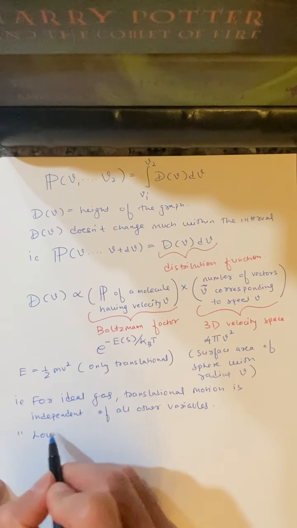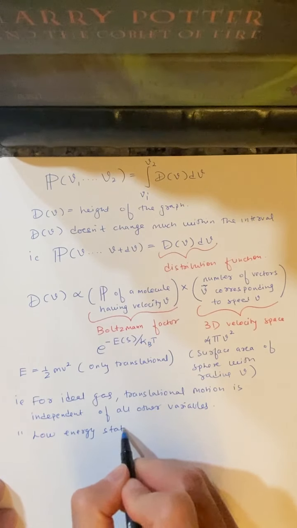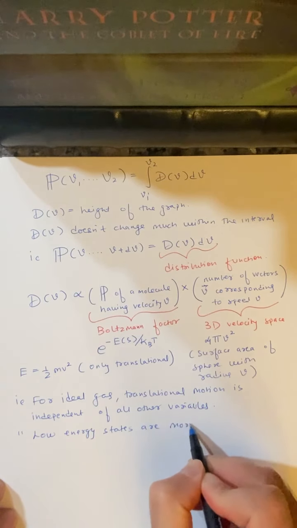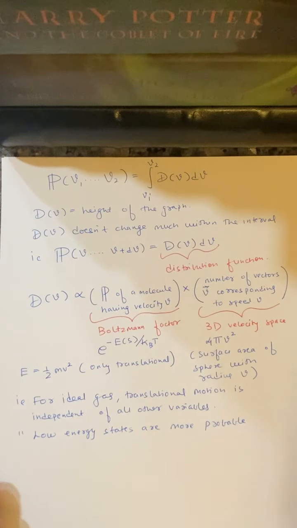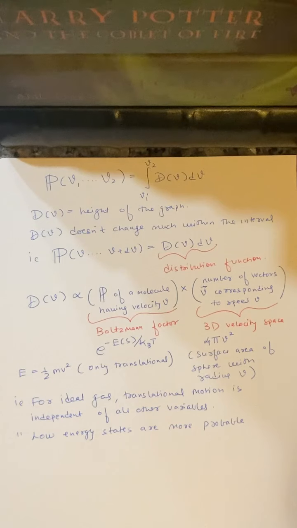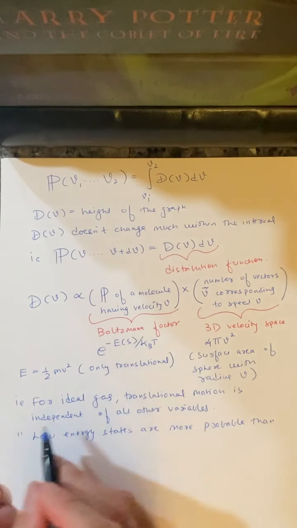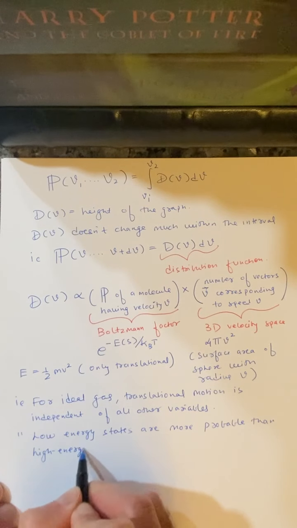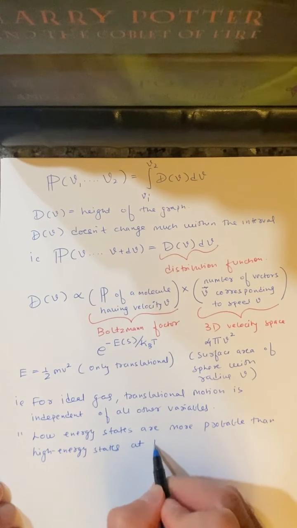Also, low energy states are more probable. You all know that by now. We are looking at the Boltzmann factors. You all already know that they are more probable than high energy states, specifically at finite temperatures.